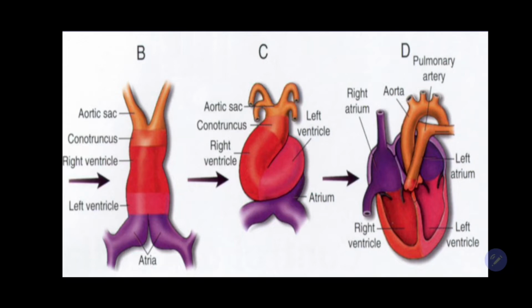So now the septation divides this single primitive heart tube with four dilatations into a four-chambered heart with two flows, inflow and outflow, synchronously contracting with one-way valves.